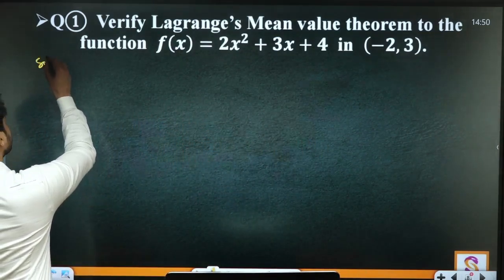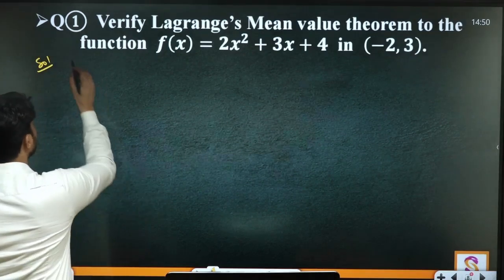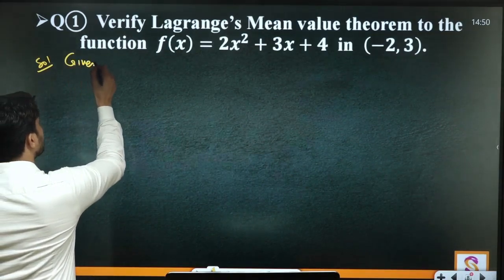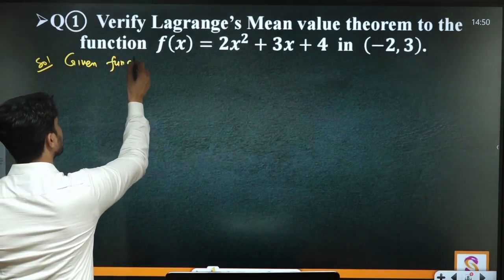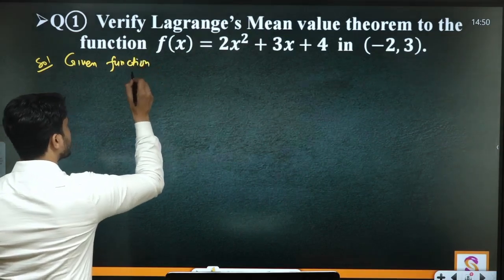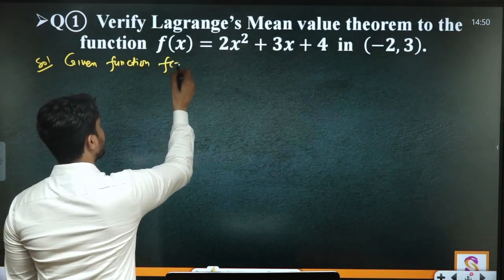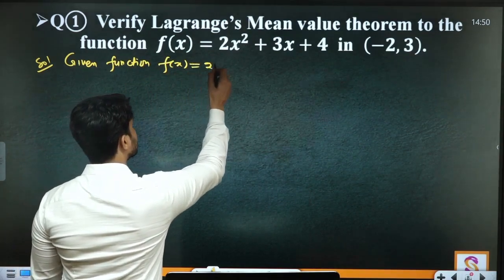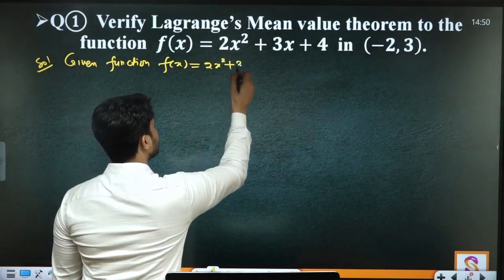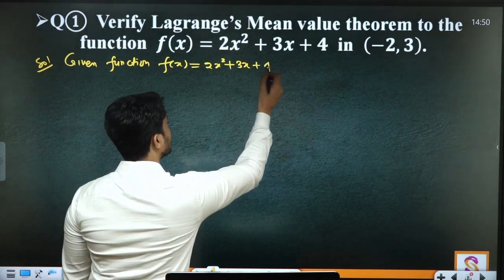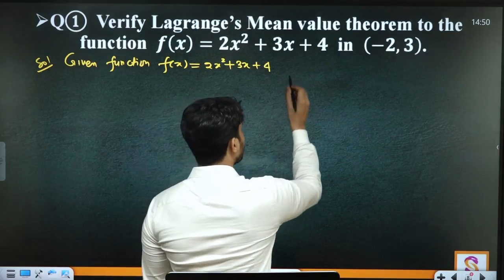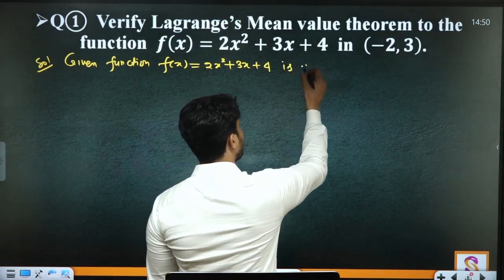So solution part. Given function f(x) equal to x square plus 3x plus 4 is algebraic.